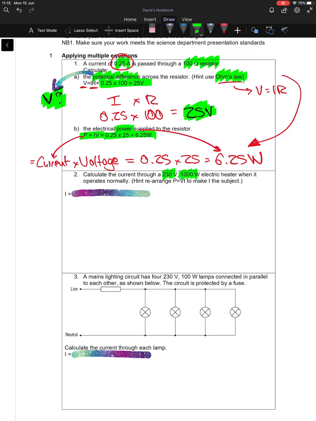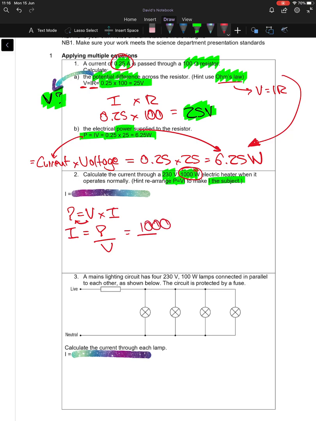Calculate the current through a 230 volt 1000-watt electric heater when it operates normally. So hint, rearrange P equals VI to make I the subject. So P equals V times I, give you I equals P, need to move that across, divided by V. So can we put it all together?